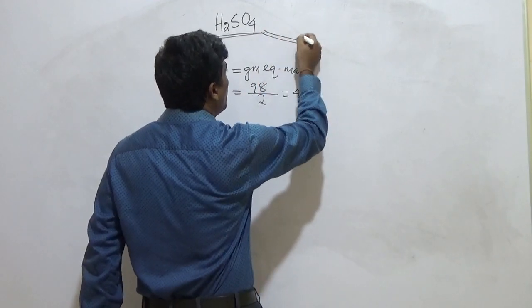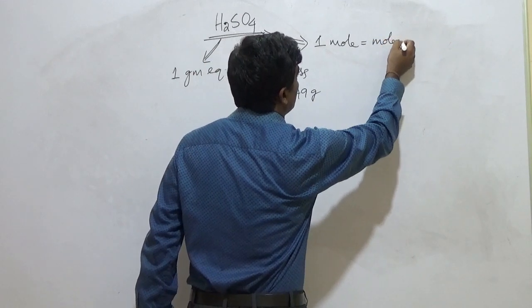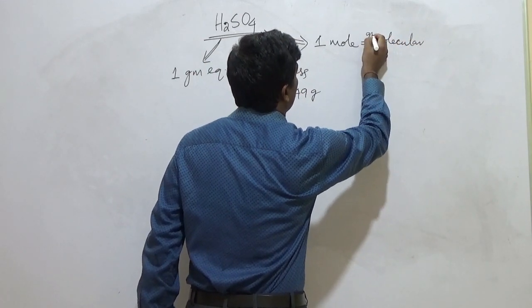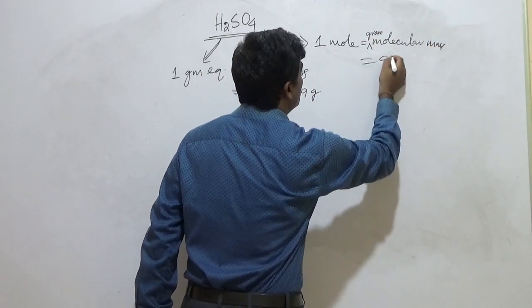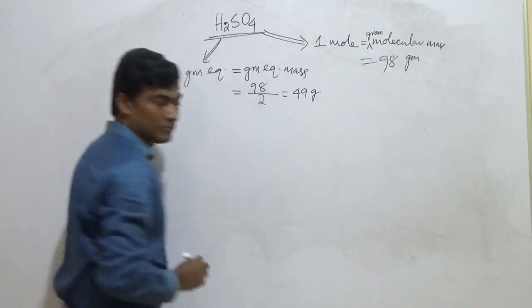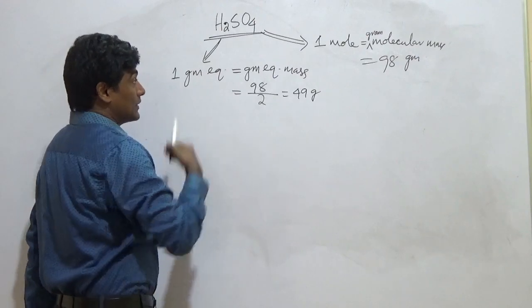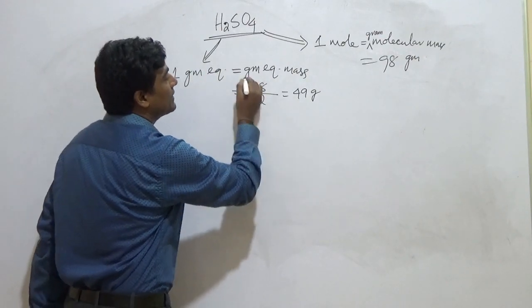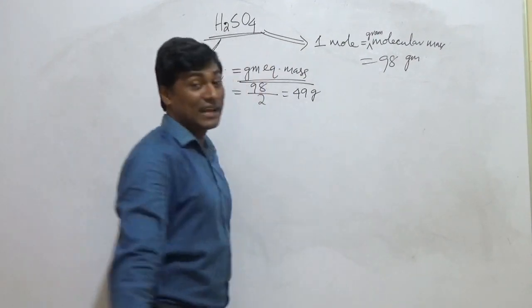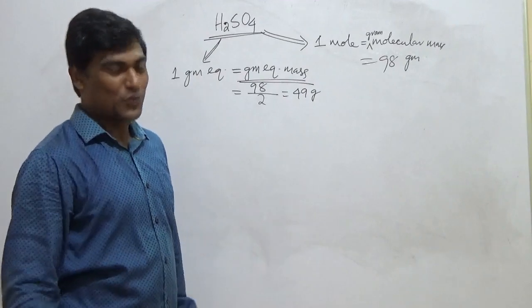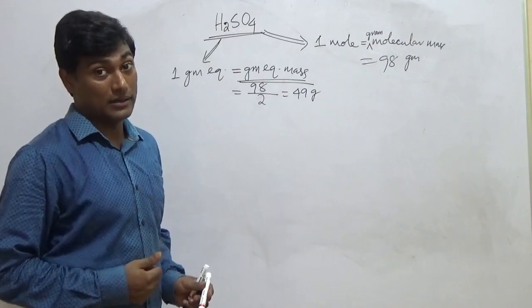But its 1 mole is equal to the molecular mass, 98 gram. So when you are calculating the equivalent conductance, you have to take the gram equivalent mass, and when you are calculating the molar conductance, you have to take the 98, its molar mass. We have taken the example of sulfuric acid; it can be calculated for any other compound.